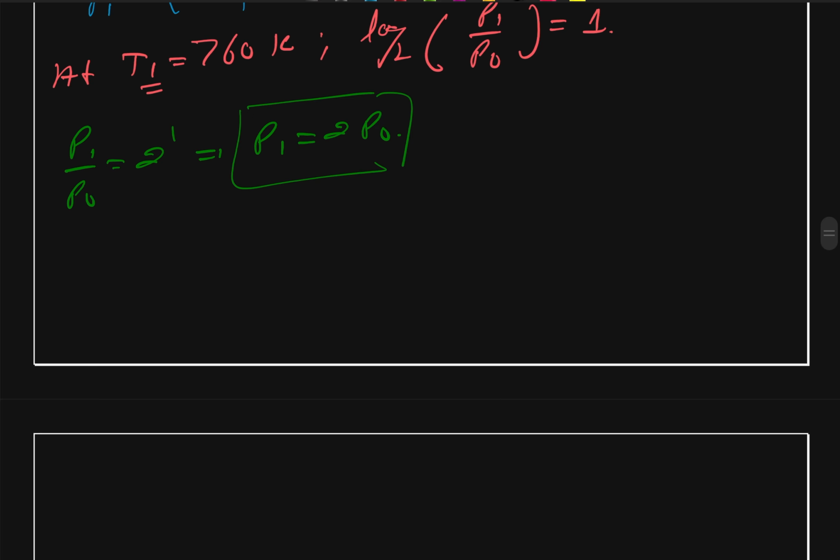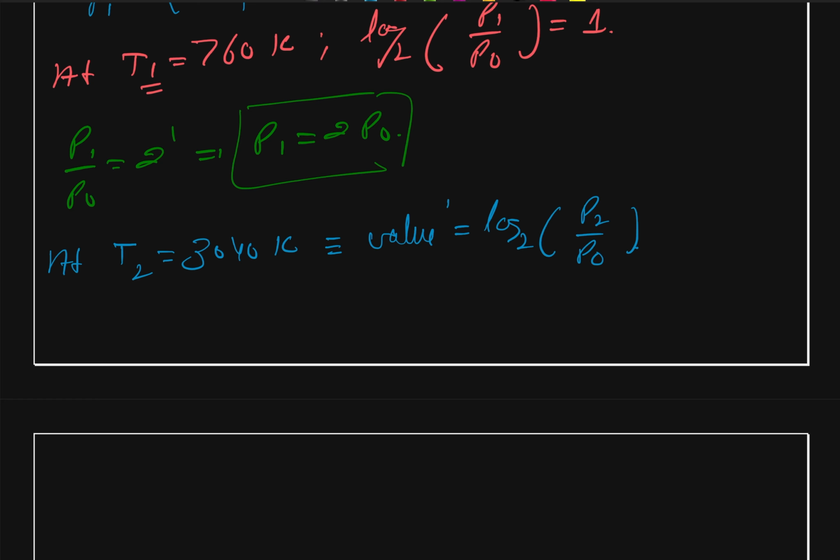And we can write at T2, for which we are going to calculate, that is 3040 Kelvin, the value prime should be equal to log to the base 2 of P2 upon P0.